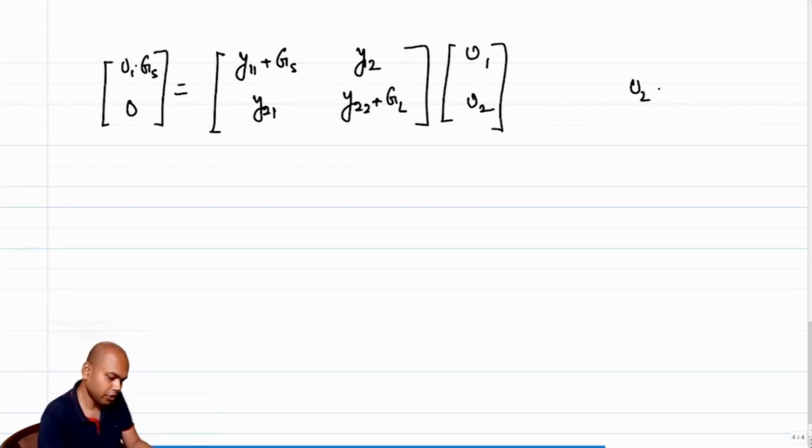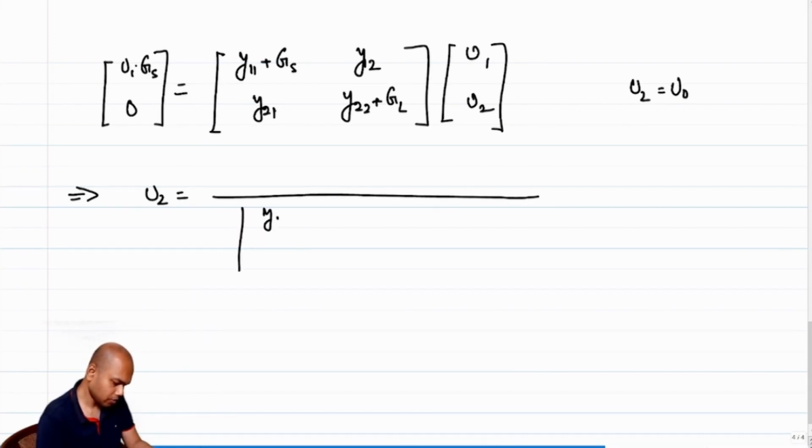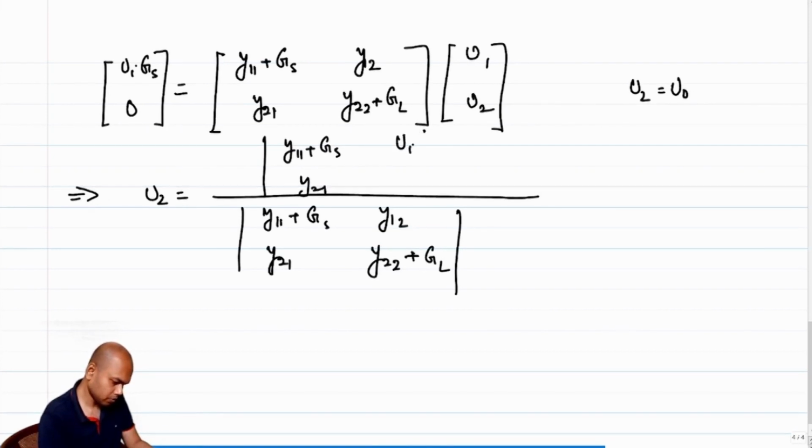Now we know that V2 is equal to V naught. So V2 is nothing but, if I use Cramer's rule, this becomes a ratio of determinants.